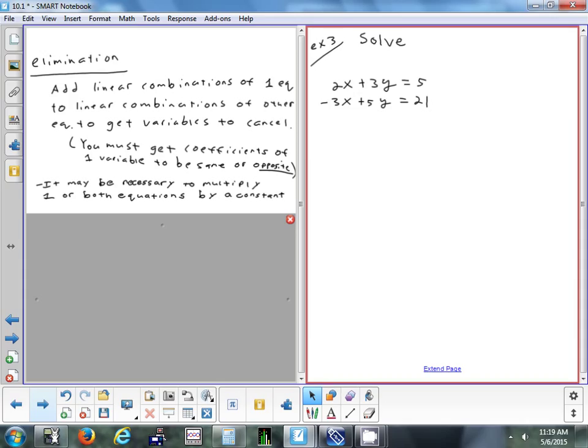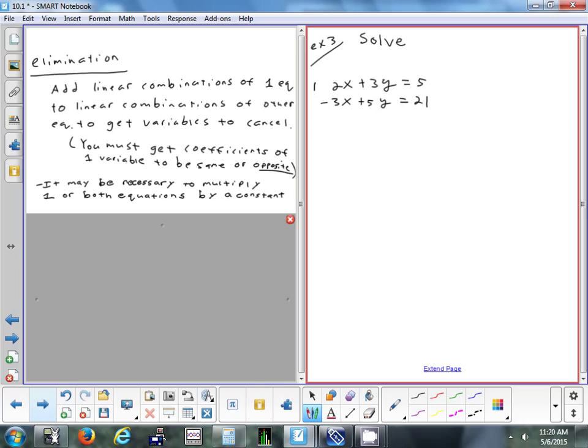Okay, so which variable do we want to try to get rid of? The x's or the y's? X. Yeah, if we get rid of the x's, what number do 2 and 3 both divide into? 6. So we want to make one of those a 6 and one of them a negative 6.